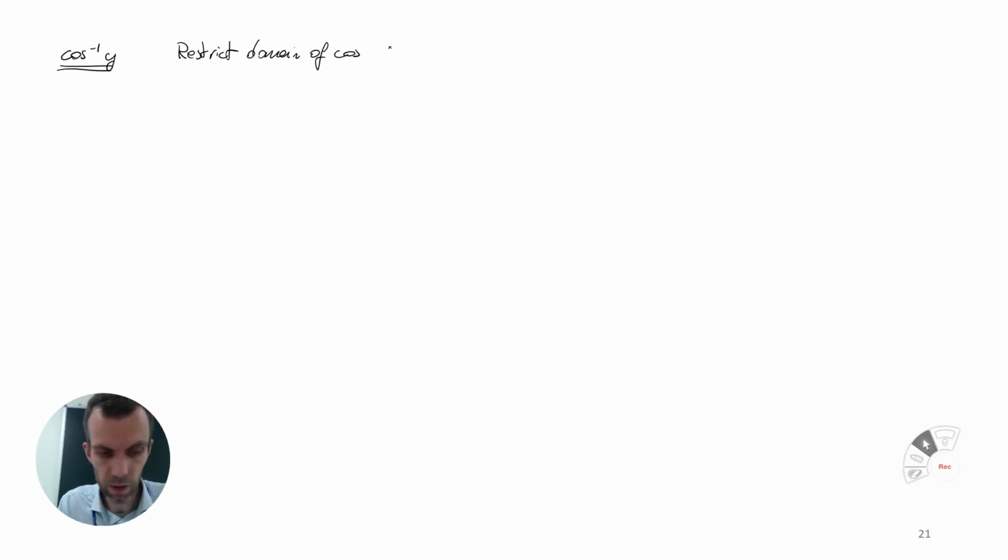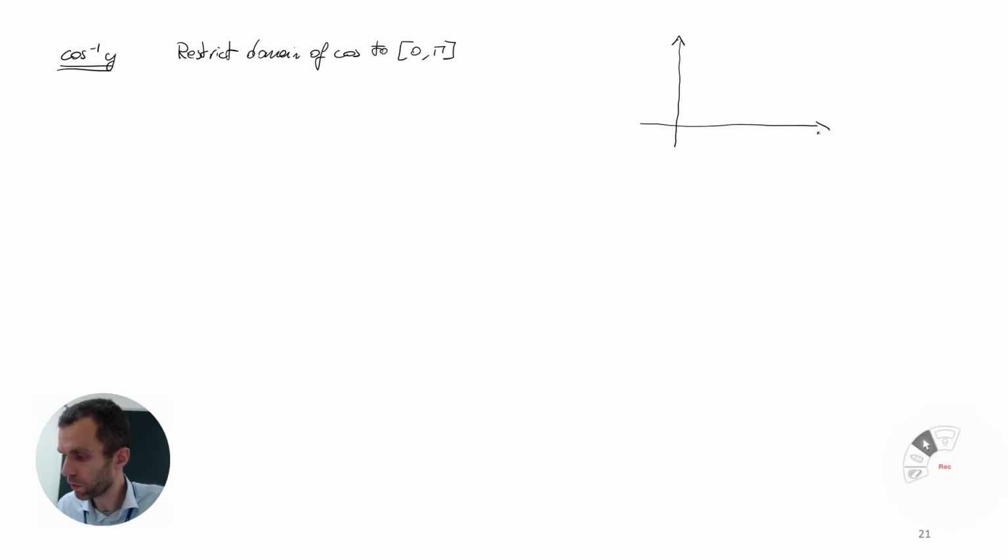Now the next one up is the inverse cosine, so cosine inverse of y. And again, we're going to do the same thing. But here we will restrict the domain of cosine to the interval 0, pi. I don't have a graph here, but that's basically for the same reason as before. The graph of cosine looks like this.